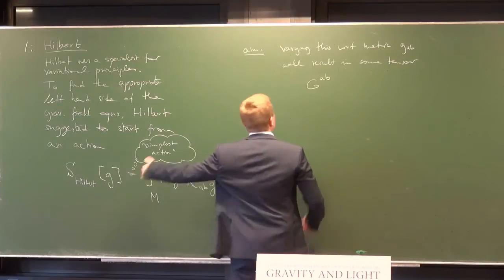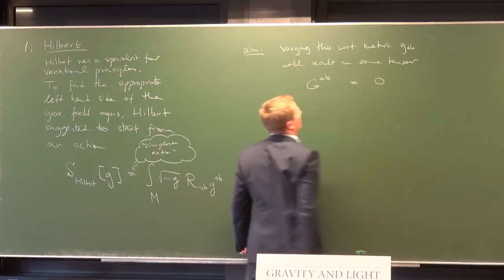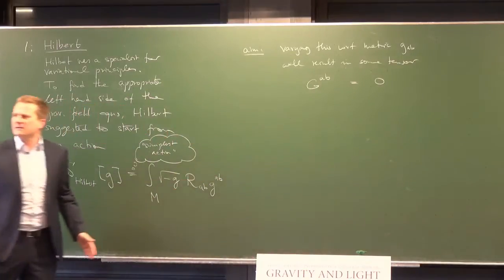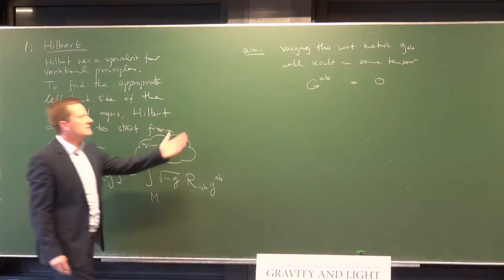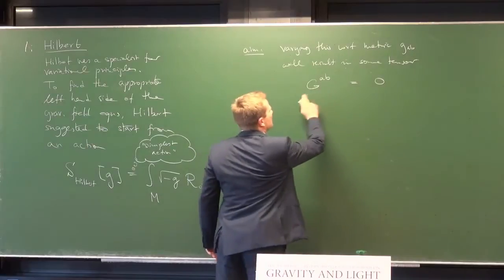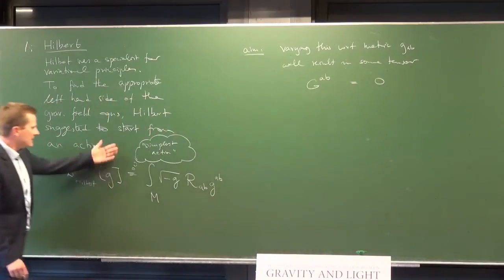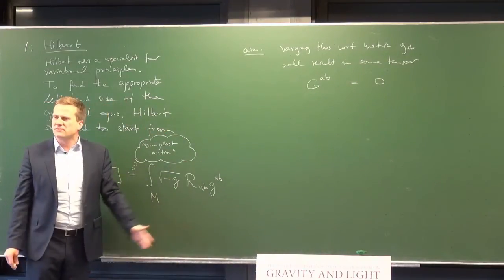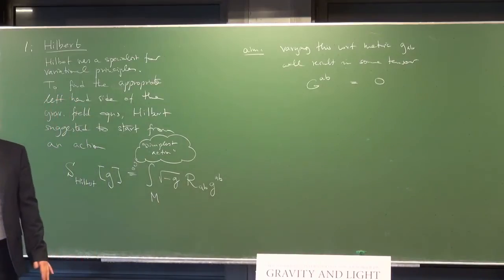Okay, and if there's nothing else to it, it would be G^AB equals 0 because we didn't add a matter action. You would get something like this, and the question is, what is this tensor capital G that we get out of the variation of this with respect to the metric? Well, there's only one way to find out.